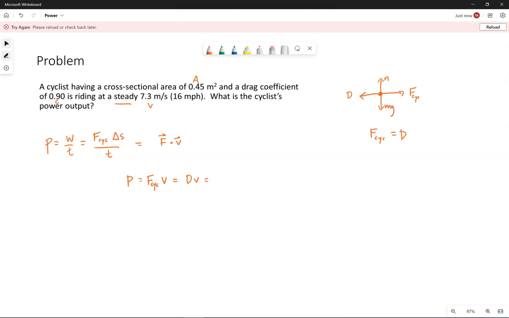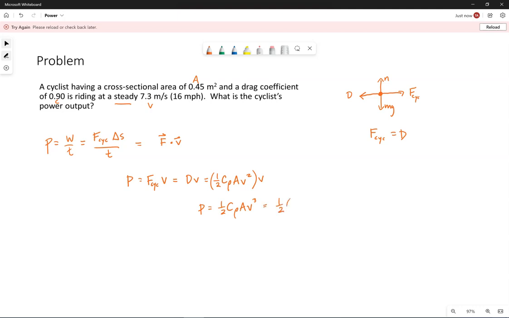So we do need to go back to chapter 6 to find the equation for the drag force. And then we're multiplying by the speed to turn this into power. So this power is going to be 1/2 c rho a v cubed.